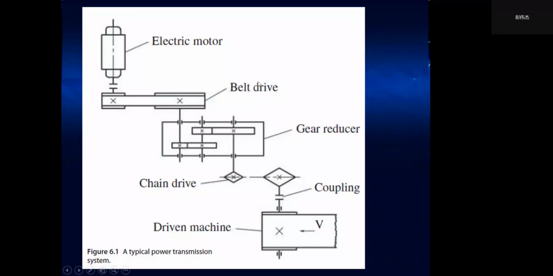The belt drive is mounted at high speed stage, and the chain drive is mounted at low speed stage.